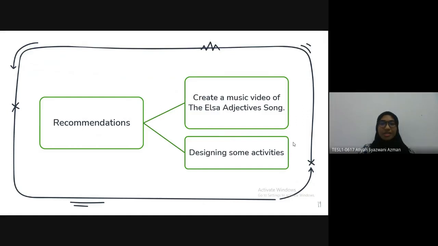By creating a music video, it will enhance pupils' spirits to learn English so that they can visualize better and understand the lyrics easily. The next one, designing some activities. By designing activities appropriate to the song, pupils can enjoy and maximize the learning process.